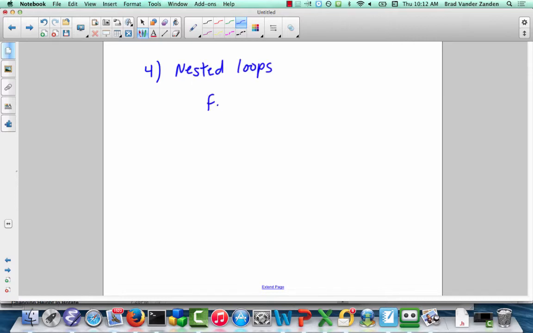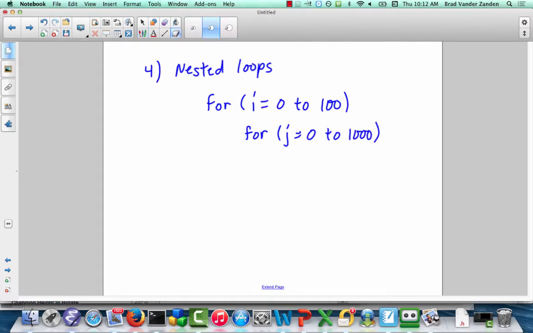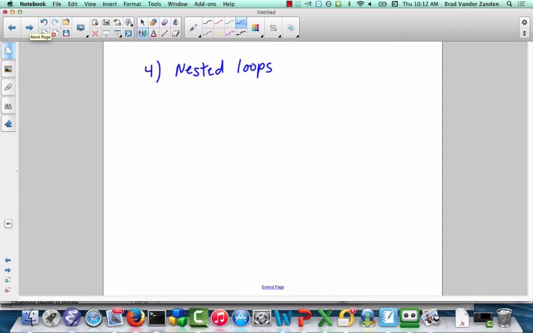So we have for i equals, say, 0 to 100, for j equals, say, 0 to 1,000. How do we cope with nested loops? The answer is that we do our computations inside out. So we start with the innermost loop and work our way out.